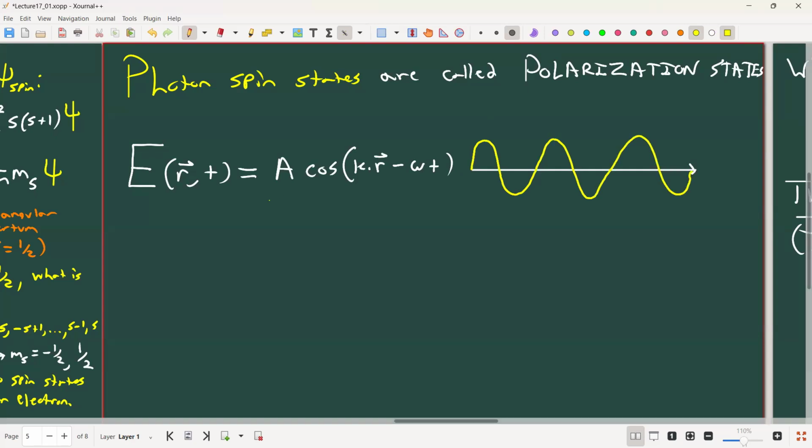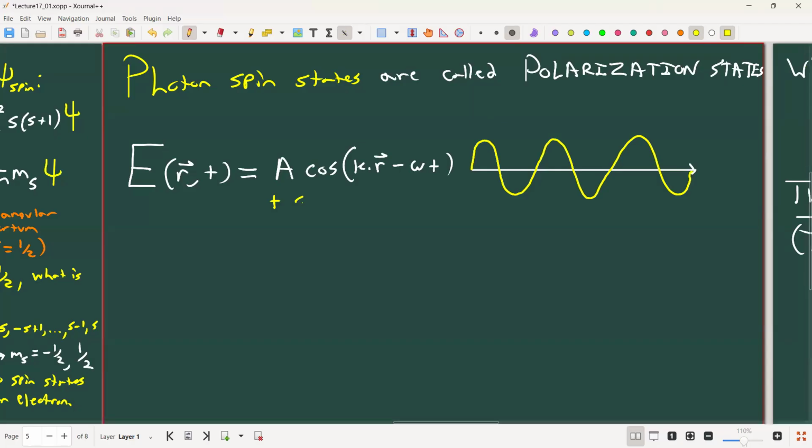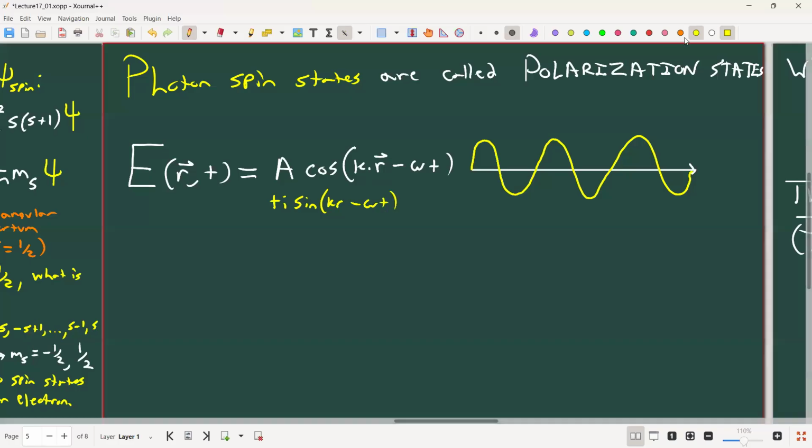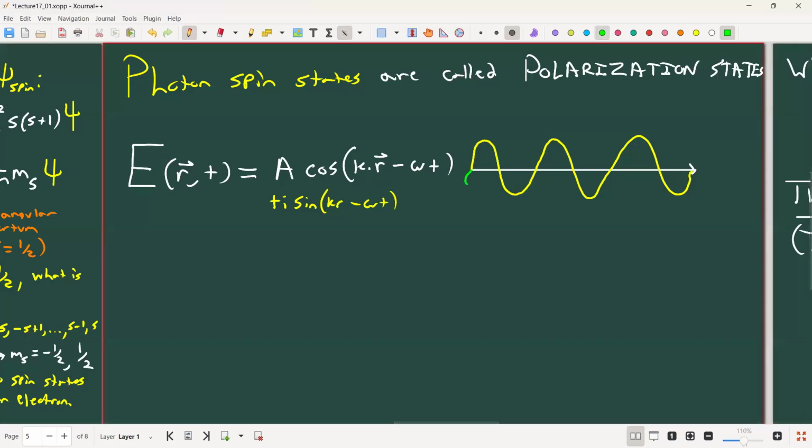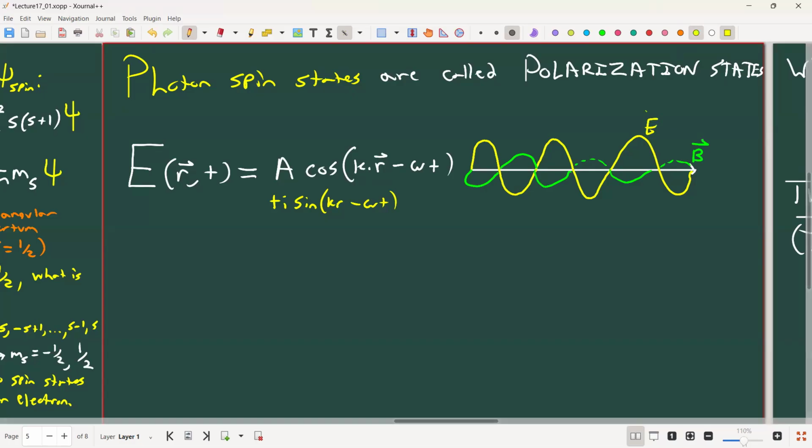And remember, it has two components, plus the i sine(kr minus omega t). It has a sine component that's perpendicular. That's the magnetic field. This is E and this is B. So you've got this field moving through space at some frequency and some wavelength, moving at the speed of light. That's a generic light wave.